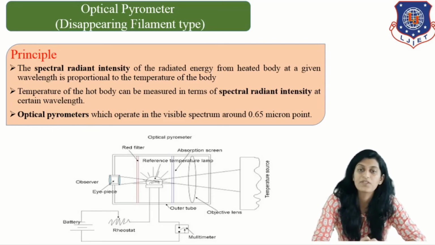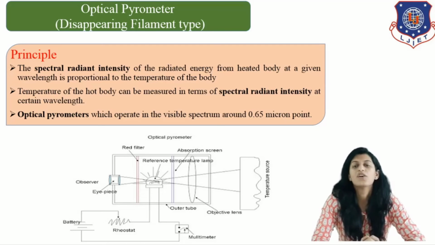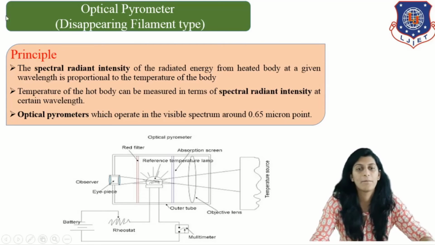And this temperature of the hot body can be measured using spectral radiant intensity. That's why it is named optical pyrometer. The optical pyrometer basically operates in the visible spectrum around 0.65 micron.